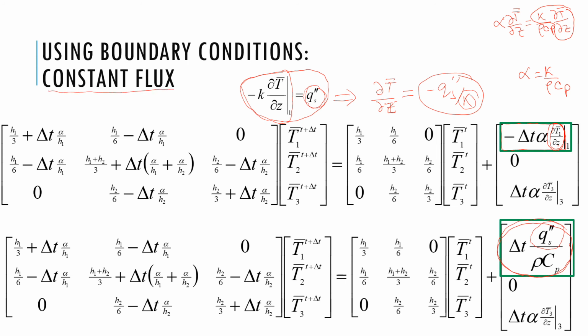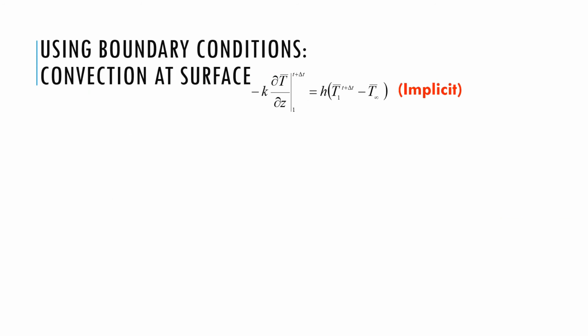Then the last one is the convection boundary condition. This is how we write the convection boundary condition, and we can choose to write this in an implicit way.